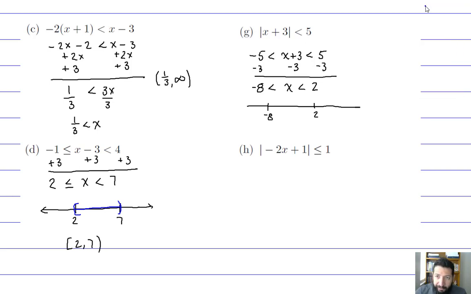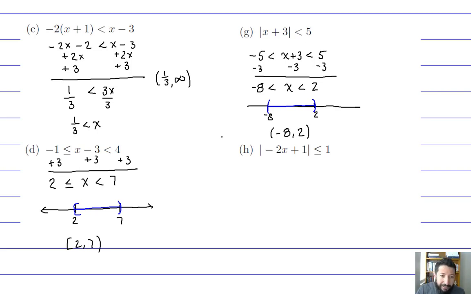And we use open parentheses because the inequality is strict. So right there we have that, and we write our solution set as negative 8 to positive 2. And that's as simple as that, if you will.